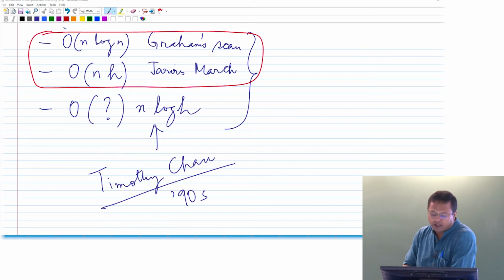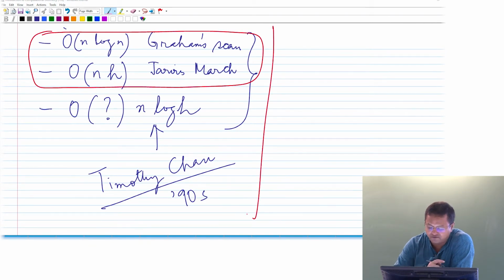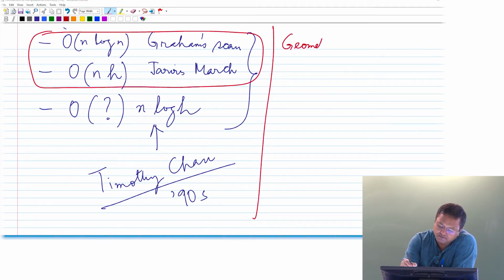Okay. But before going there, let us look at a very basic thing which follows from your high secondary days. Let us look at a geometric series.